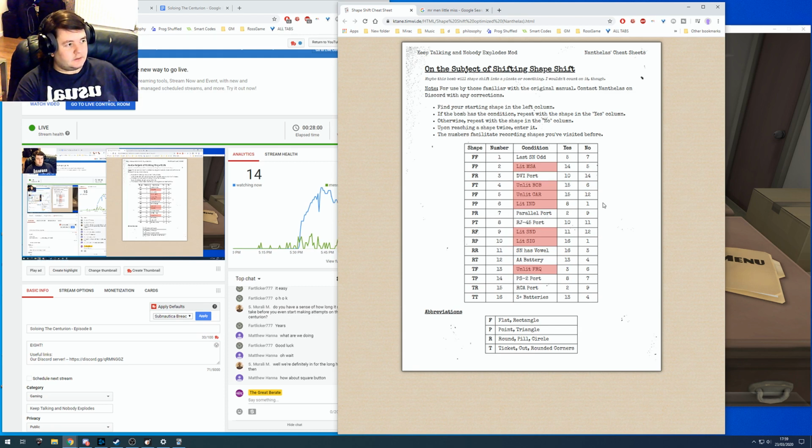So MSA, BOB, CAR, IND, and then SND SIG. And an FRQ at the end. It's an FRQ because it is at the end of a queue of indicators.